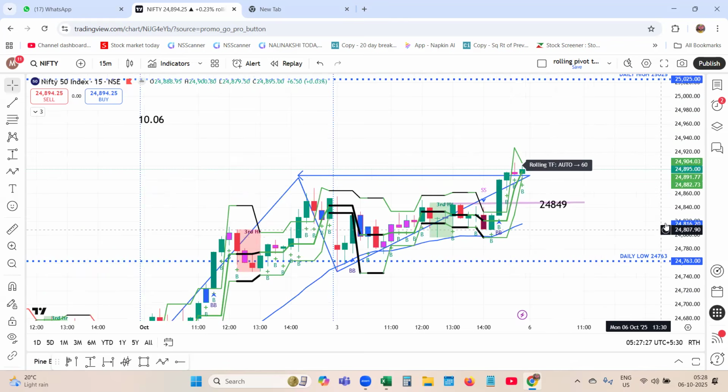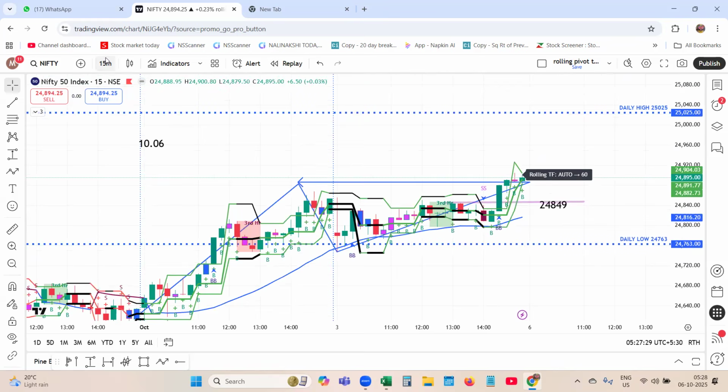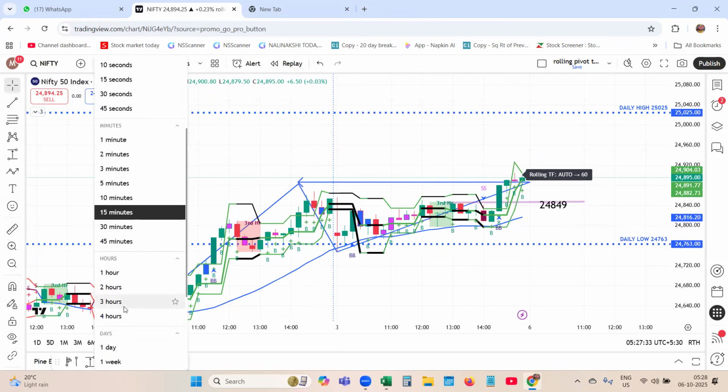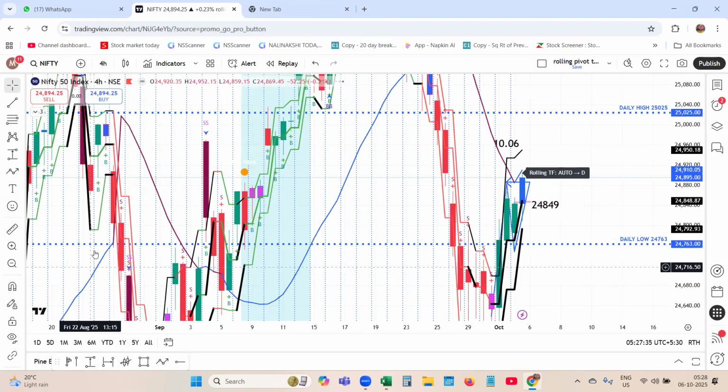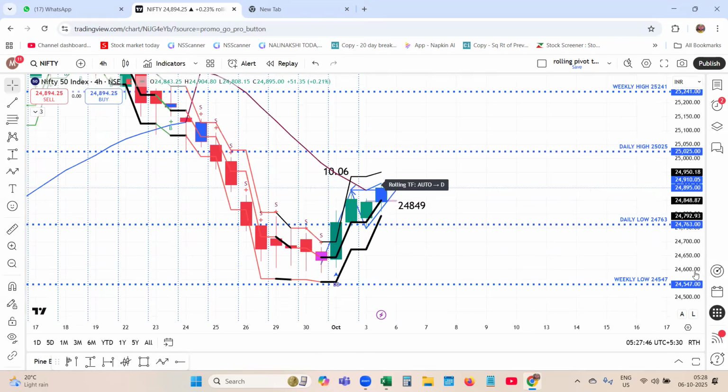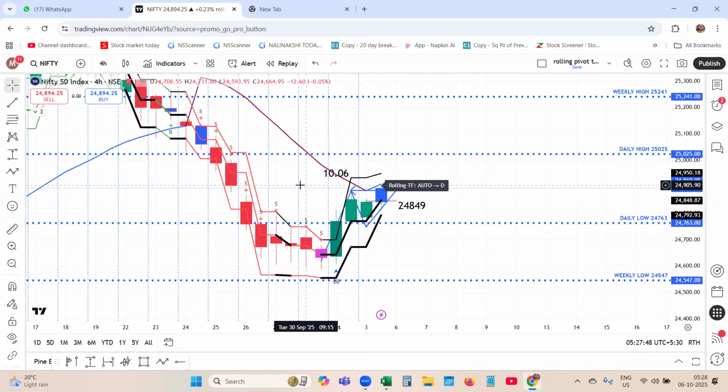The market is showing reversal on an hourly basis. And if we go to the 4-hour basis, it is trying to reach this. Gann HiLo is turning blue. That means there is a flip in the direction.